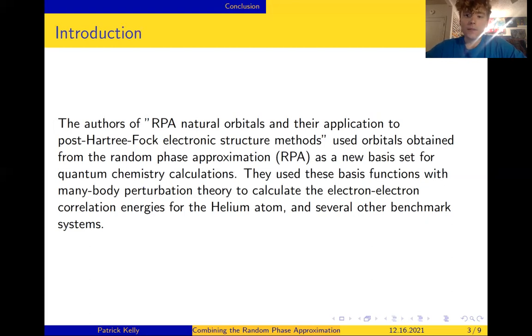They combined these new basis functions with many-body perturbation theory, actually Moeller-Plesset perturbation theory, and they used them to calculate the electron-electron correlation energies for the helium atom and a number of other benchmark systems, including the hydrogen molecule, the fluorine molecule, and diamond as well.